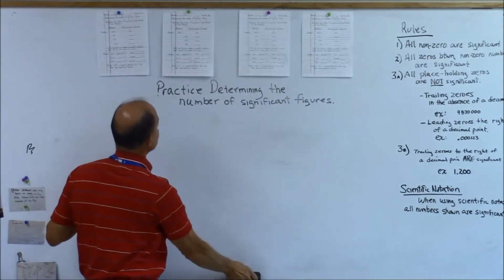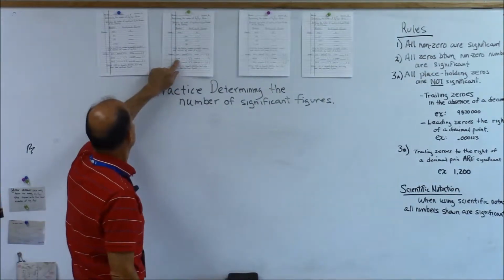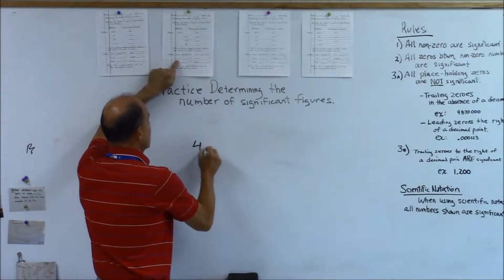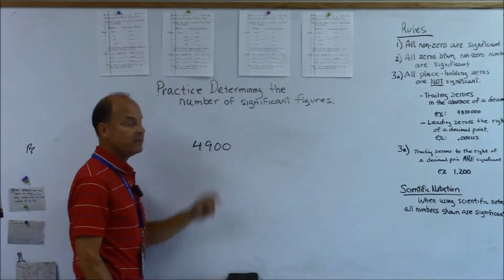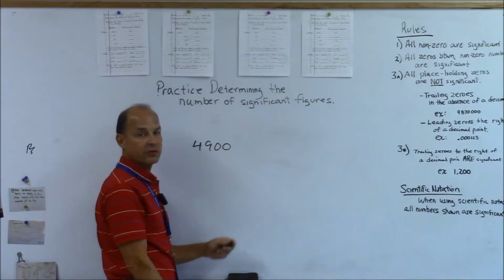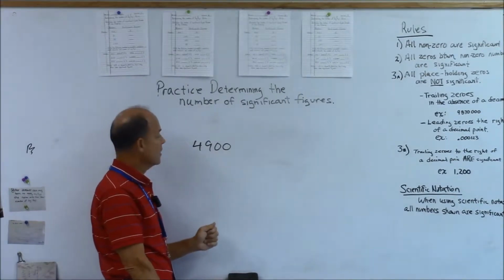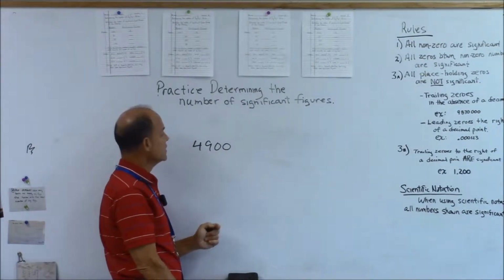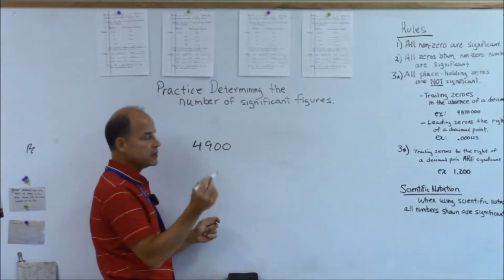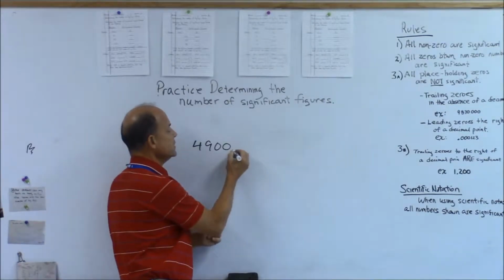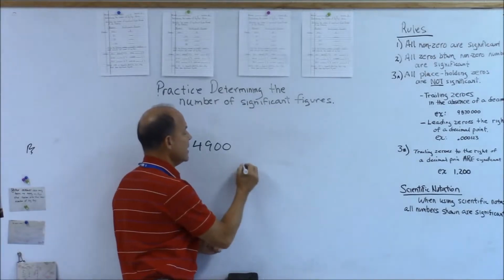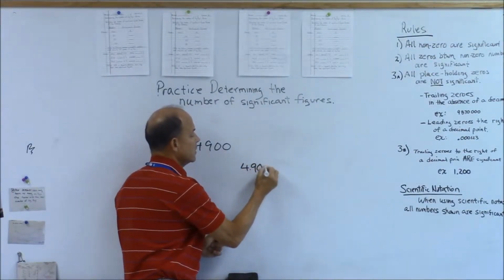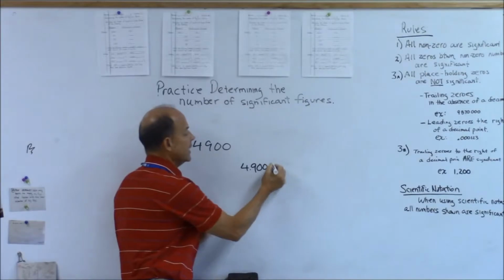Let's take an example from form number 2. 4900. Now we need to be careful with this one because these zeros just look like they're holding place. All right? So when we write this in scientific notation, if we were to just follow our instincts, follow our freshman instincts, we might write it like this.